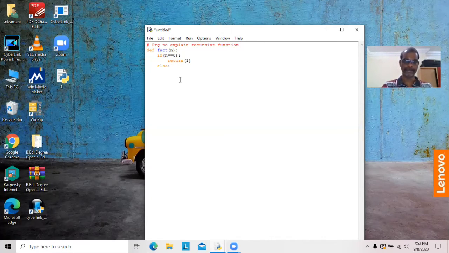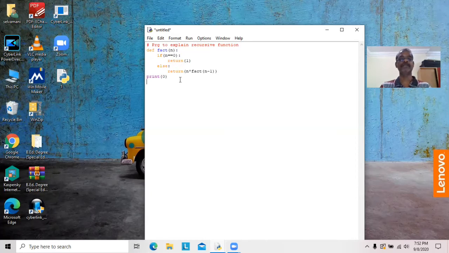Else the function should call itself. Return n star fact of n minus 1. Now we should have print of, first we'll have 0.